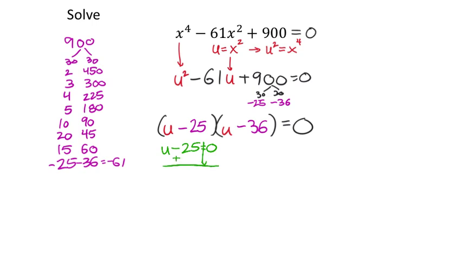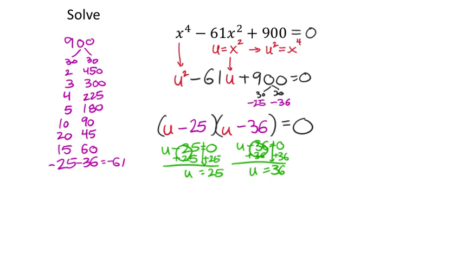Most students don't have to show this, but if it helps you, then use it. That zeroes that out. I got u equals 25. And over here, I make u minus 36 equal to 0 by adding 36 to both sides. So u could equal 36.